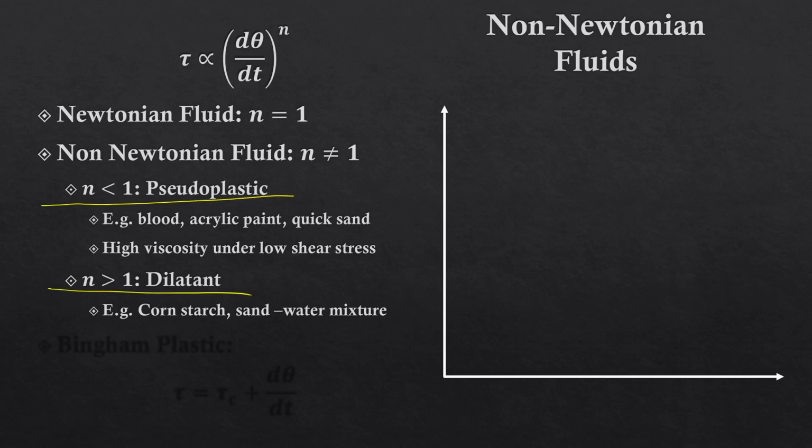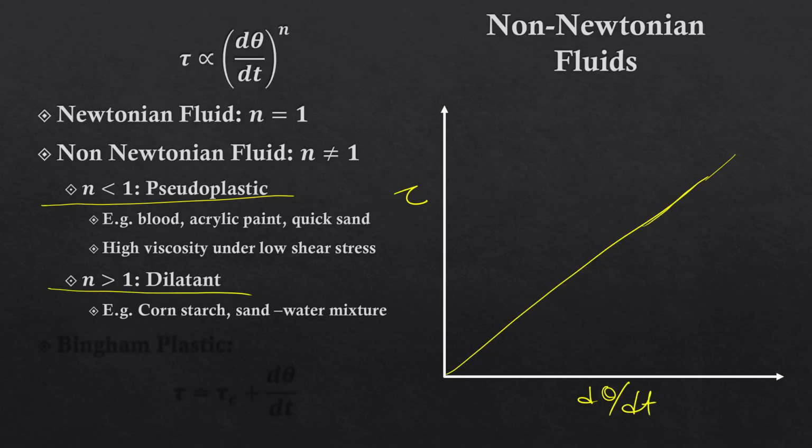Now, what do they both mean? When n is less than 1, for reference, let's draw this Newtonian fluid curve, where it is a linear relationship between tau and d theta by dt.